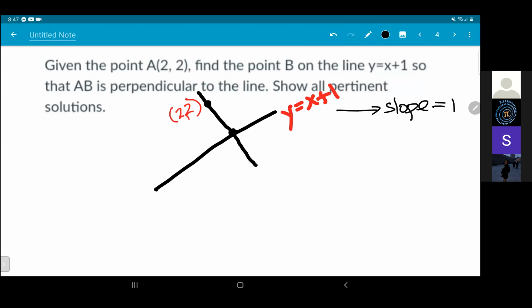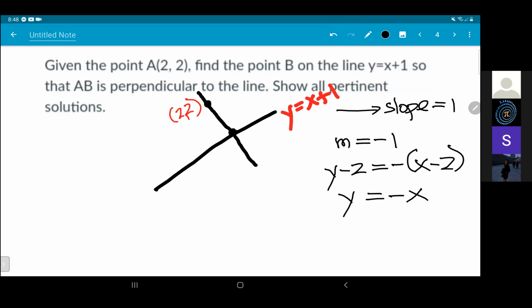So negative reciprocal, we have the slope of the line we're looking for, negative 1 over 1, or negative 1. And then using this point, we can get its equation, in point-slope form. So we have negative x, and then plus 2 plus 2.